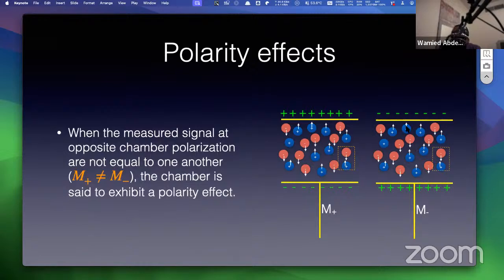I think there is something wrong here. These arrows should be the opposite. The positive signals should come down here. So in general, when the measured signals at opposite chamber polarizations are not equal to one another, meaning M plus and M minus are not equal, then the chamber is said to exhibit a polarity effect.